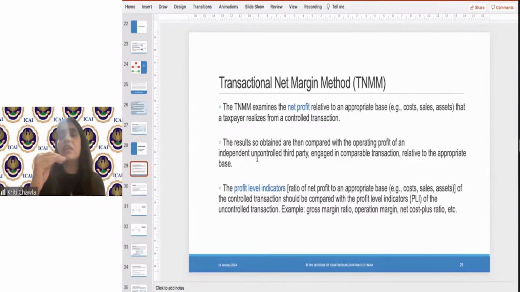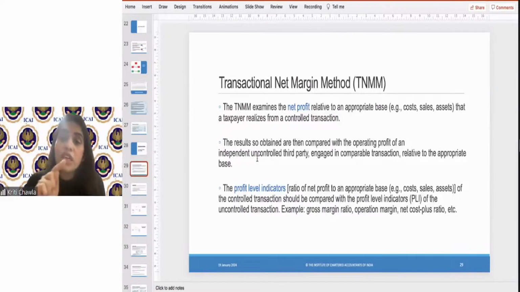That particular thing is called profit level indicator. It's just a fancy word that we use for net profit margin. Profit level indicator is the ratio of net margin or operating profit divided by sales or divided by cost into 100. That is called PLI, or profit level indicator, in the transactional net margin method.